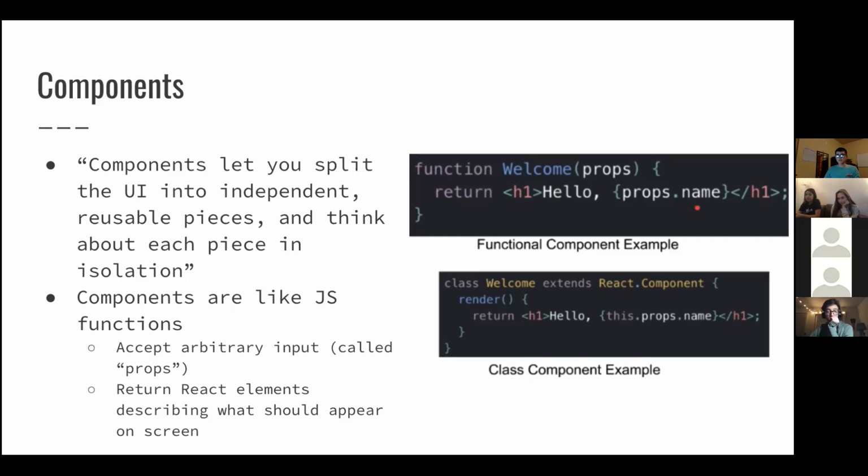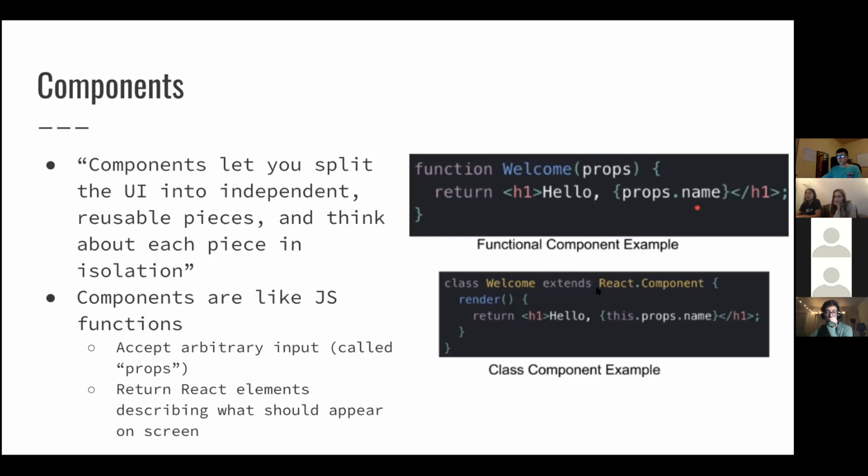On the right, you can see two different types of components, a functional component up here, as well as a class-based component down here. The function is a valid React component because it accepts, as you can see, a single props argument, and it returns a React element in the form of JSX. And you can also use ES6 classes to define a component.